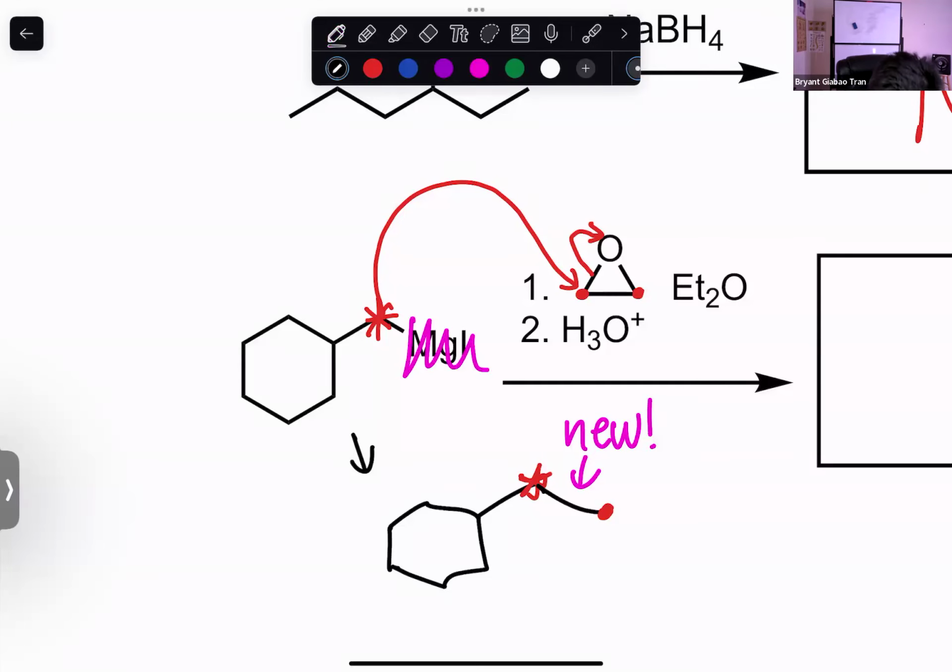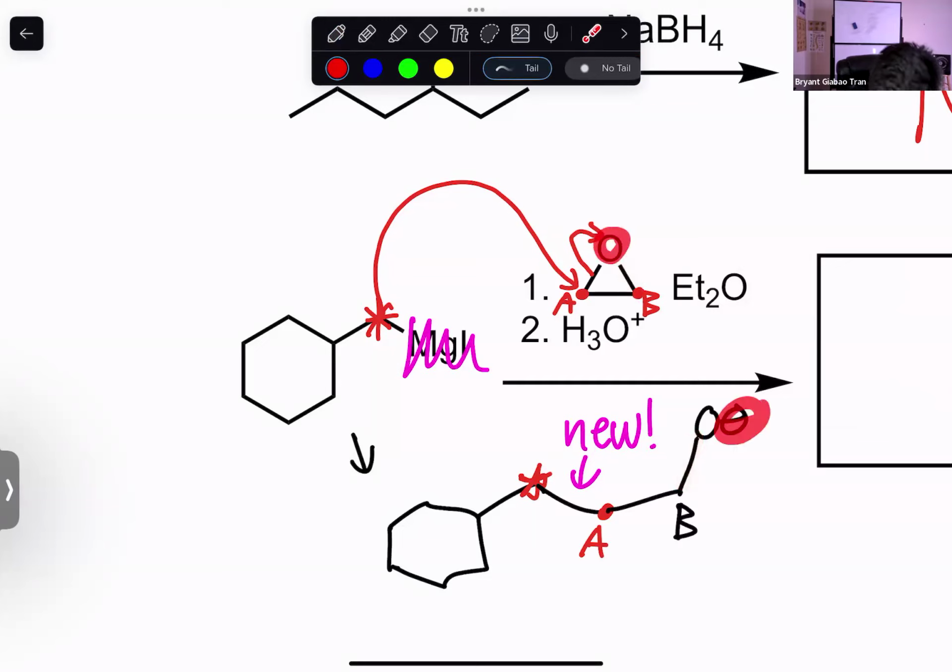The dot here, let me say dot A, dot B. Dot A is still bonded to dot B. Right, I just say B right there, which is bonded to O minus. Right. This bond right here to the oxygen is that bond right there. But that oxygen now has a negative charge because it's no longer bonded to A. Right. That bond broke off and went onto that oxygen right there to give it O minus.